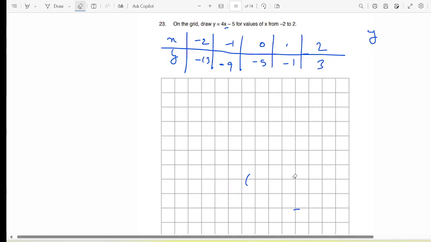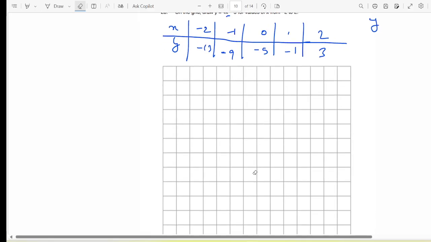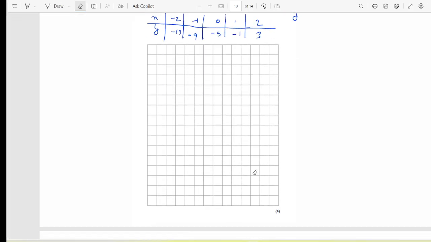Now we need to plot it. It's simple. This is our x-axis. Suppose I just draw a line. This is my x-axis and this is my y-axis.